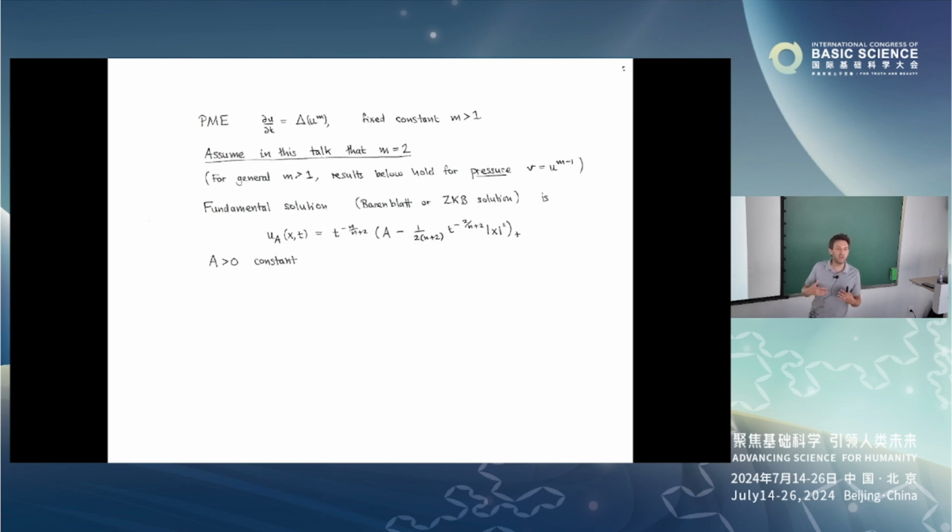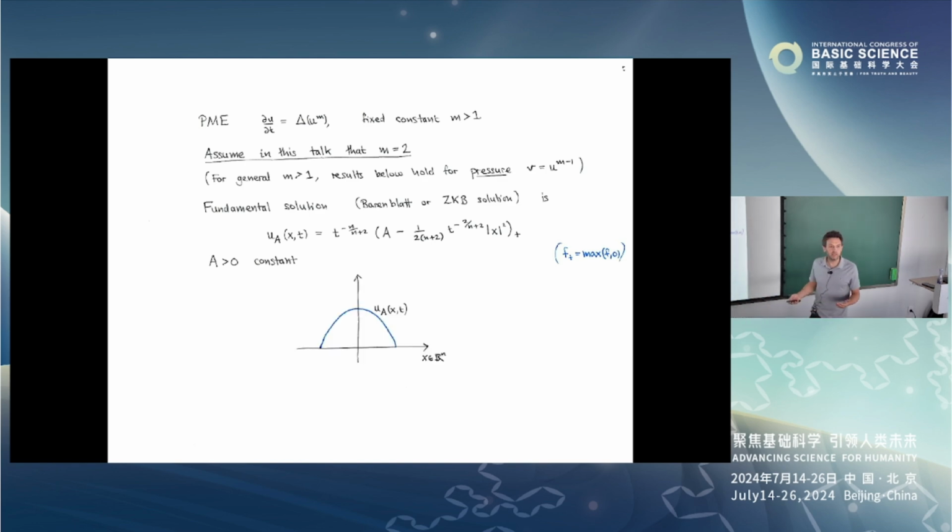The larger A is, the more gas there is. You can ignore these particular exponents, and this coefficient is not that important. What you see is that really this is just a constant minus another constant times x squared. And then with this plus, I'm just taking the maximum of that function and 0. In other words, as soon as this quadratic is negative, I just take it to be 0.